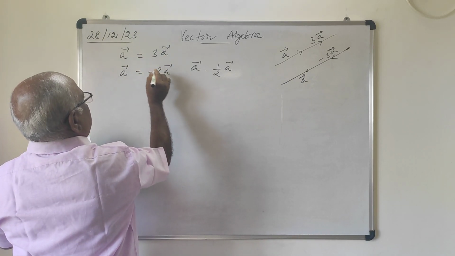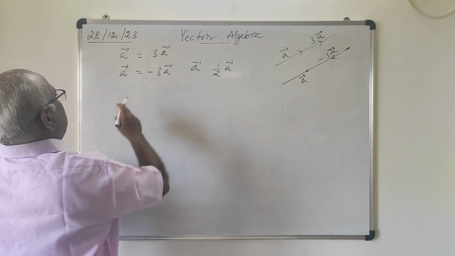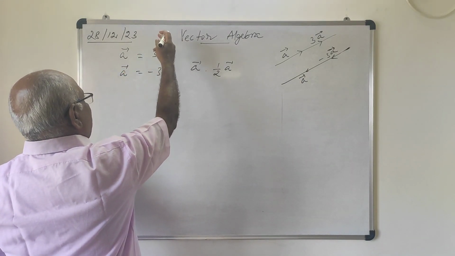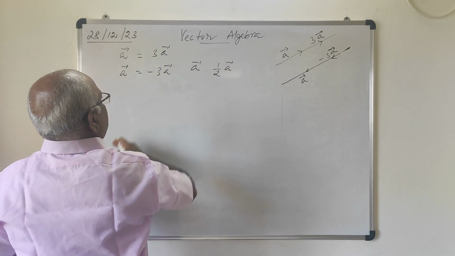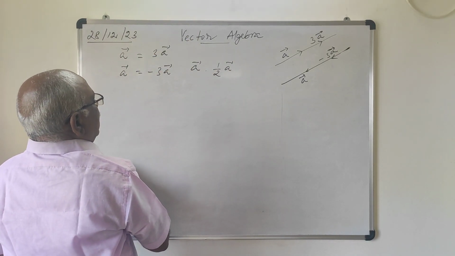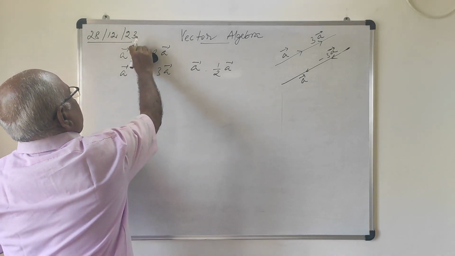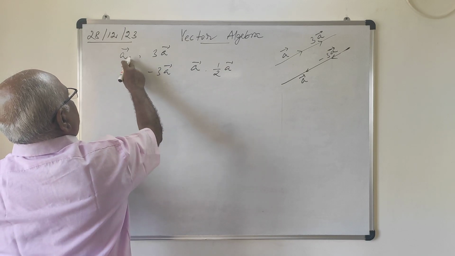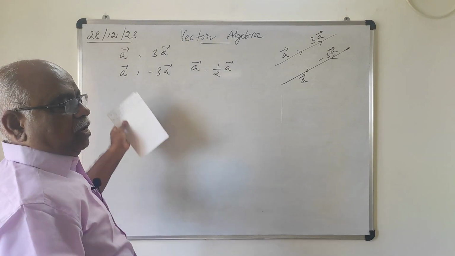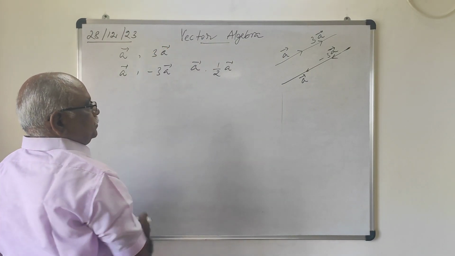Suppose a vector is 3 times another vector b; in that case you cannot equate them. So you simply say that a and 3a are collinear vectors because they act along the same line.